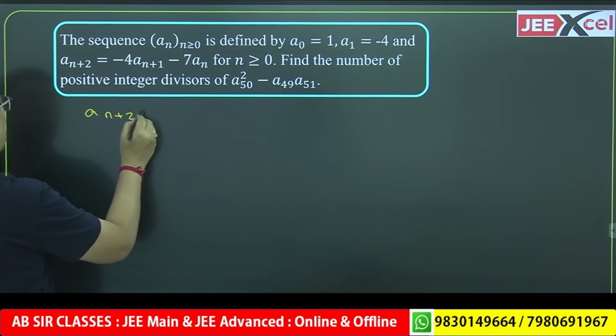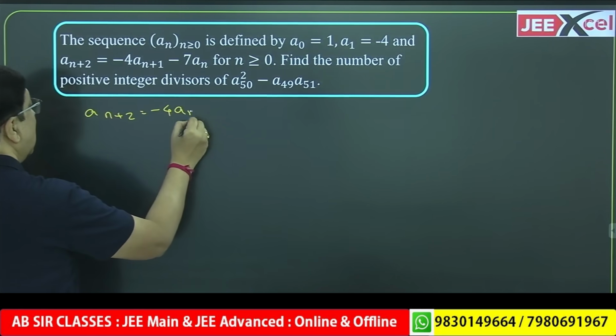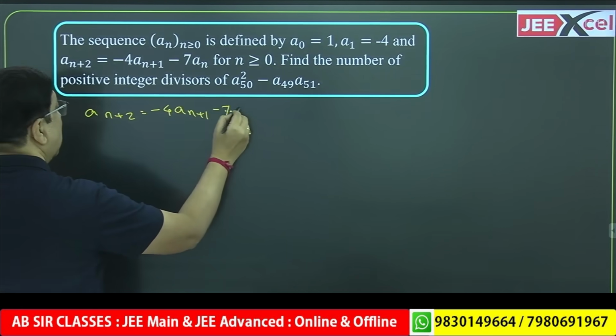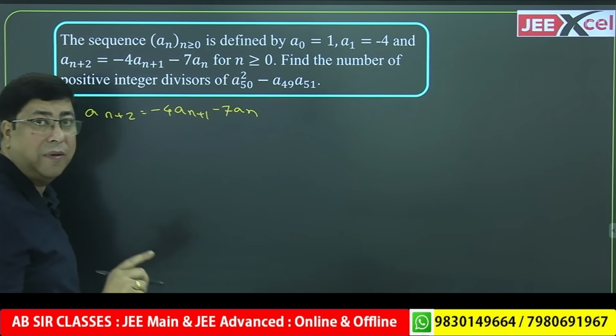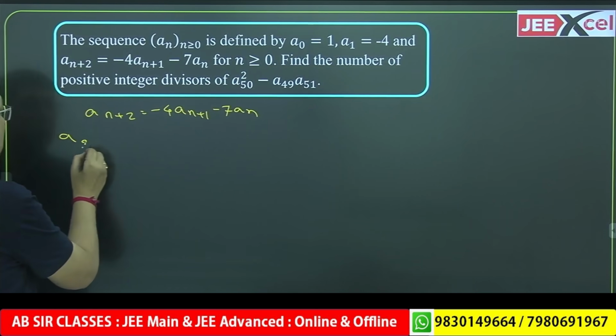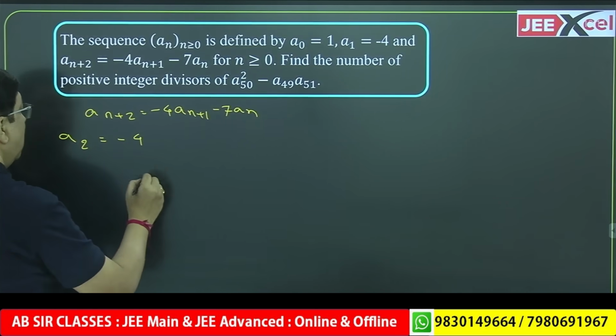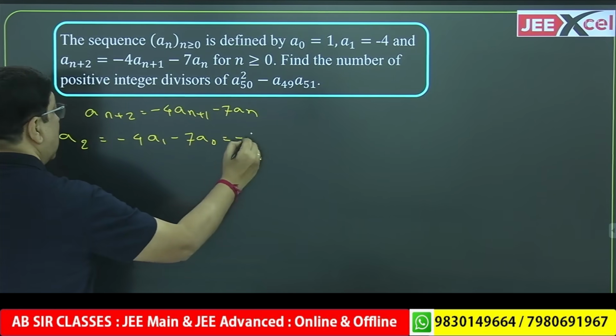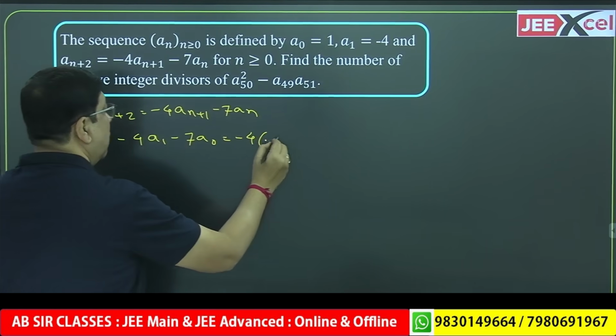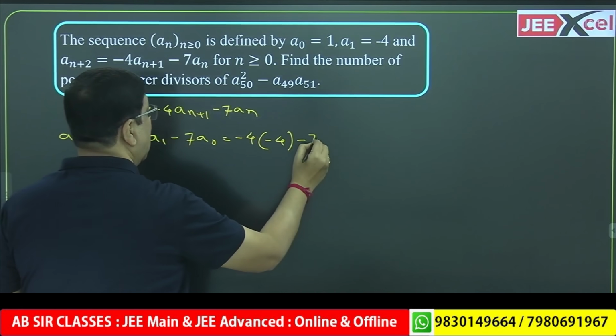a_(n+2) equal to minus 4 a_(n+1) minus 7 a_n. So a0 is given, a1 is given. Now we'll find a2. a2 equal to minus 4 a1 minus 7 a0, that is minus 4 into minus 4, since a1 is minus 4, and minus 7 into 1.